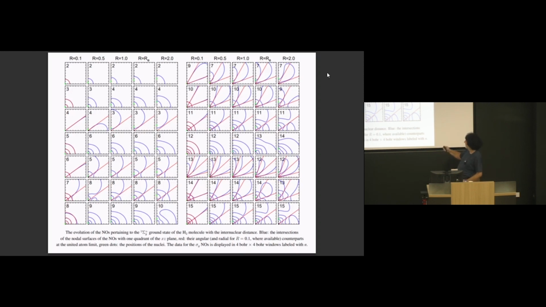As you can see, if I go from one distance to another, the topology more or less remains the same. The pictures look very similar. At R equal 2, things start looking different, but until then, and you can look at different symmetries, those are sigma G orbitals.